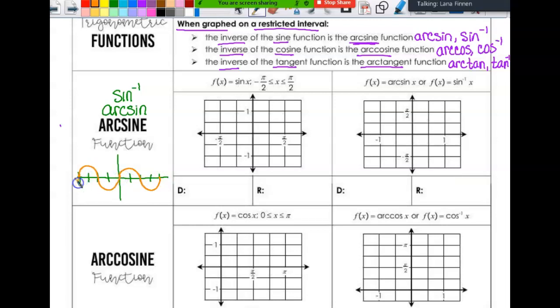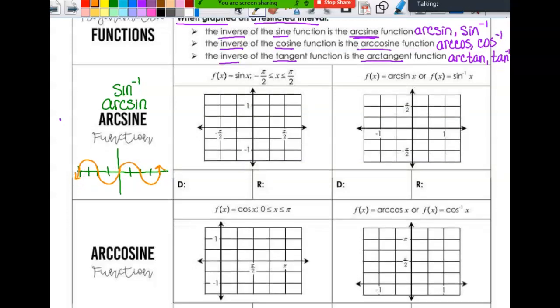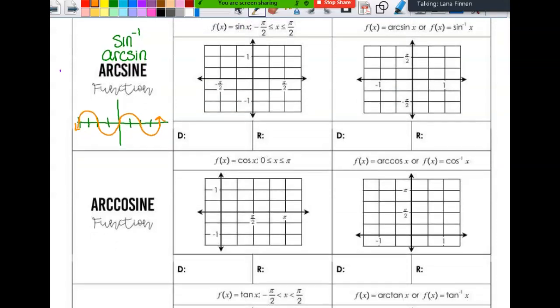So it looks something like that. As it is, it passes the vertical line test, but does not pass the horizontal line test. So we have to figure out where our restricted domain is going to come from. If I start at 0 and start tracing my graph, my y values are increasing till they get to 1, and then when they start to decrease, I'm going to start repeating those y values, and that's what causes it to fail the horizontal line test.